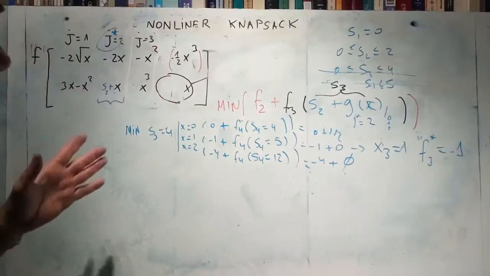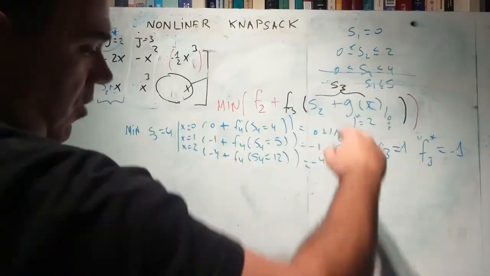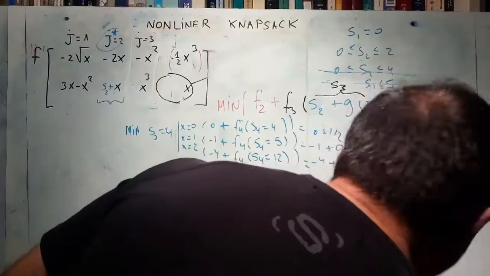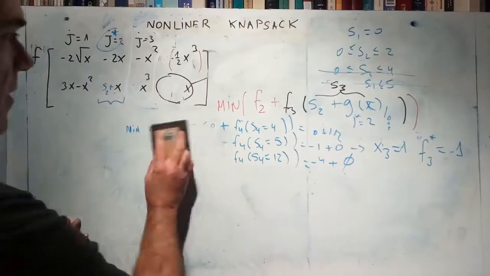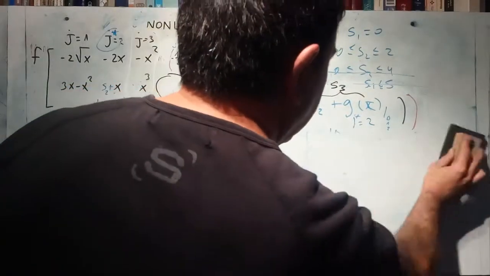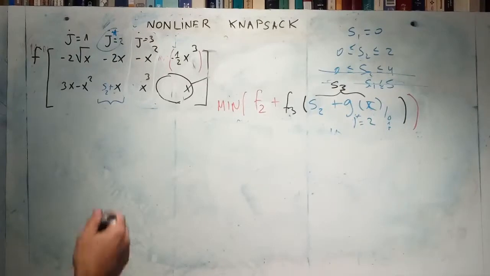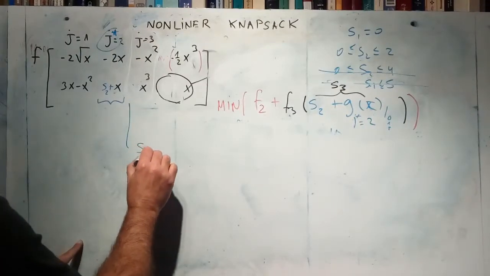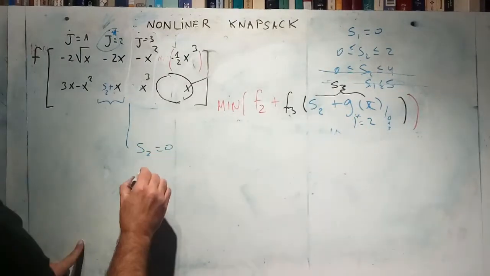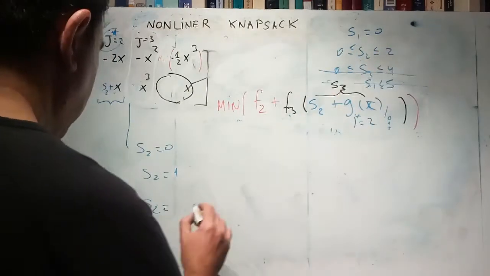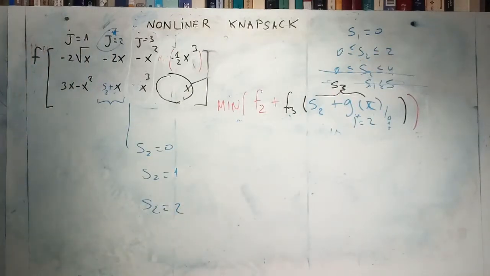So, okay, but we are lucky because now S only moves between 0 and 2, so we only have to compute over here these operations. Over here we substitute S2 being 0, S2 being 1, and S2 being 2, right?